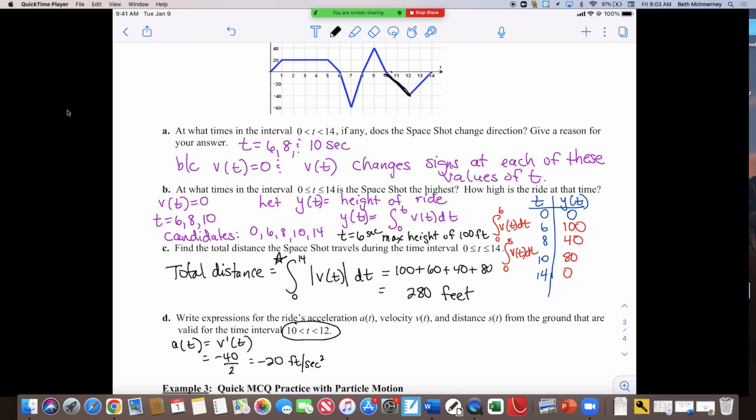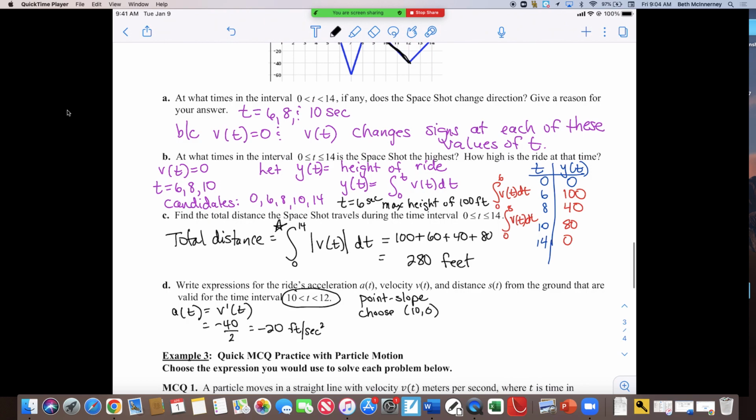Now if I want the velocity from 10 to 12, isn't the velocity a line? From 10 to 12, isn't that velocity represented by a line? So to do this, we could actually use point slope. And I'm just going to randomly choose between 10 and 12, 10 comma 0, because that's the nicest point.